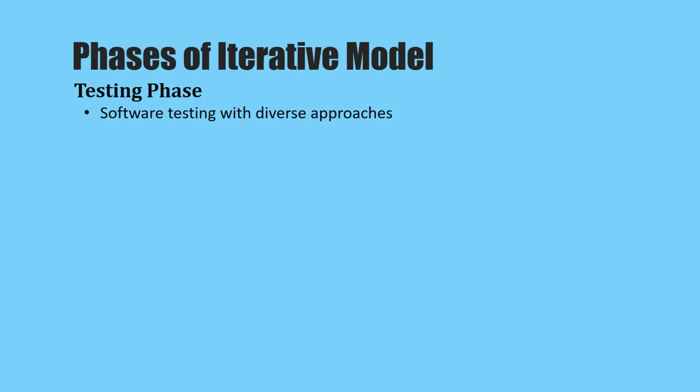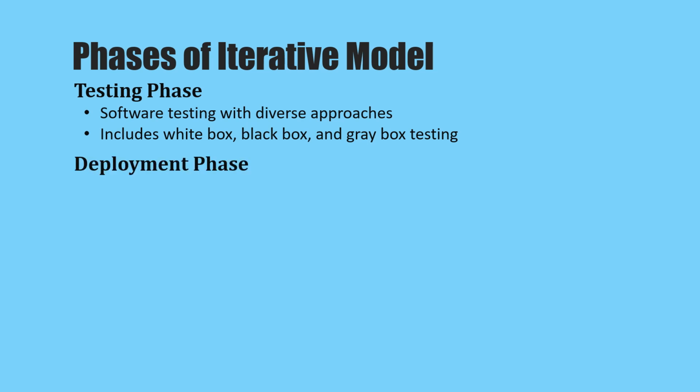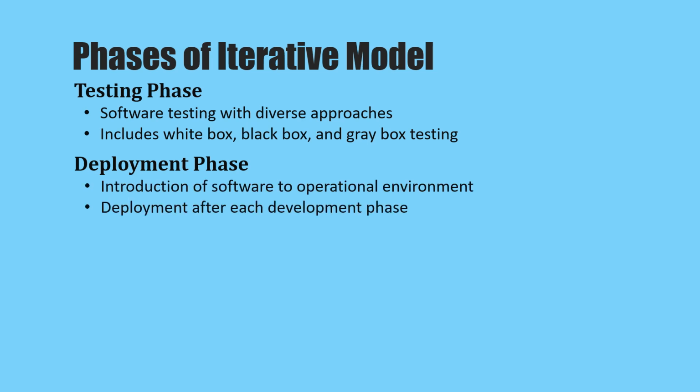Phases of the iterative model. Testing phase. Testing commences after coding, covering functionality, performance, and reliability using varied approaches like white box, black box, and gray box testing. Deployment phase. Deployment involves integrating the software into the operational environment following completion of each development phase, ensuring readiness for end user utilization.